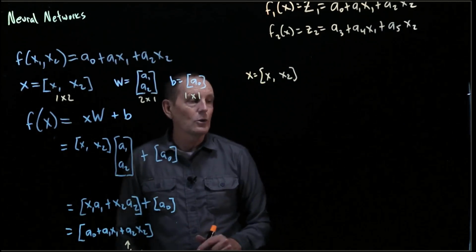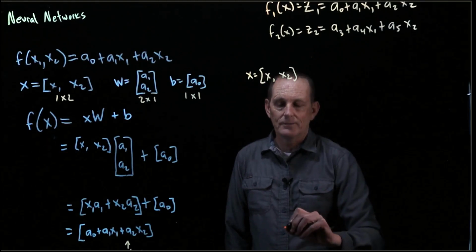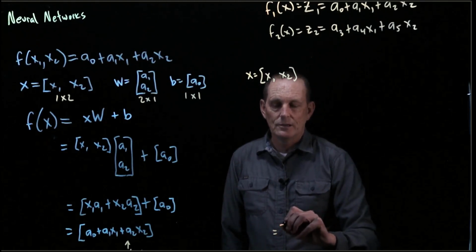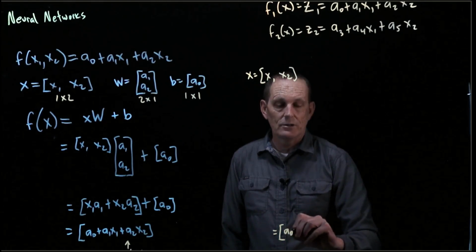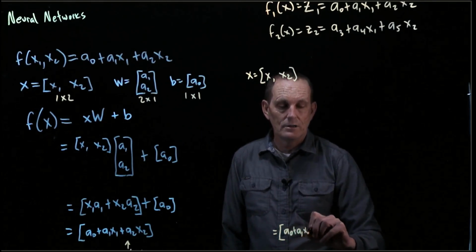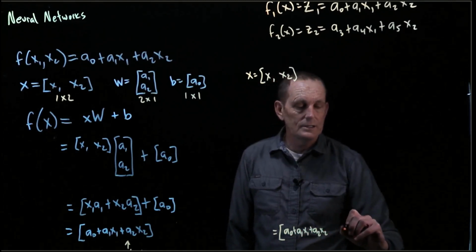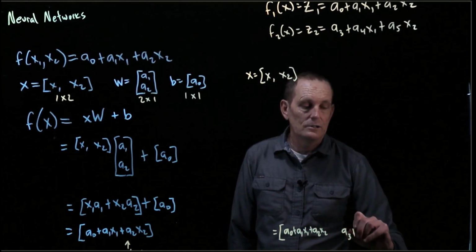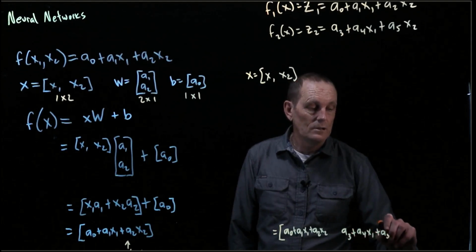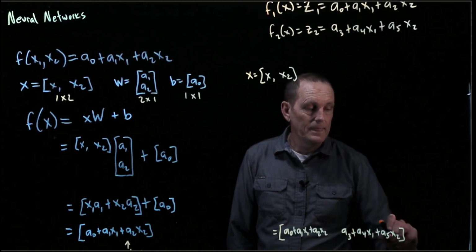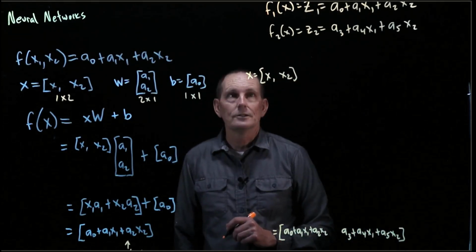So our goal is that we are going to end up with these two values, a0 and, okay. So let's work our way to get there.